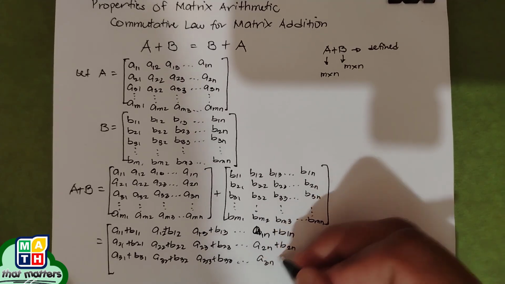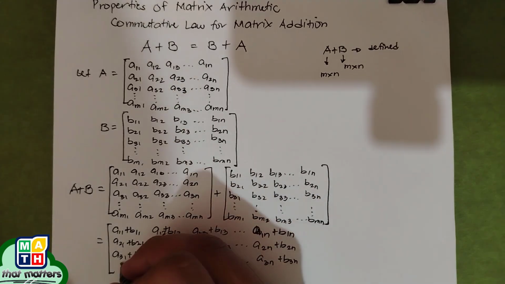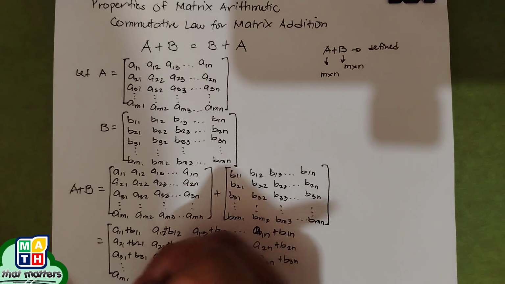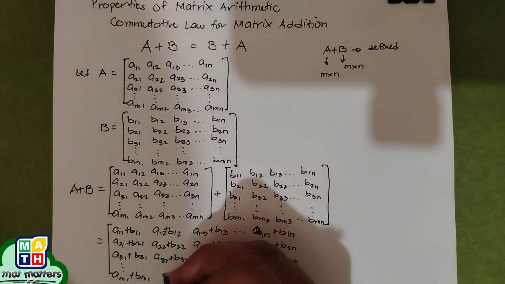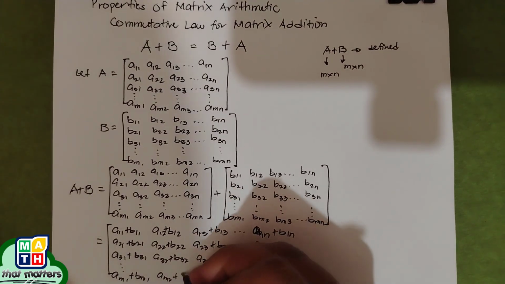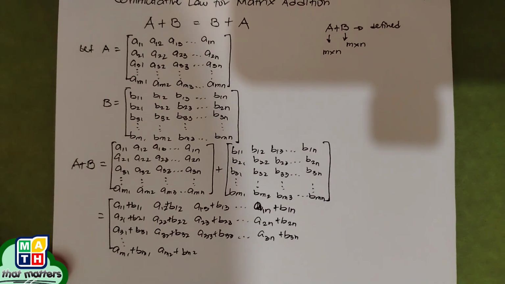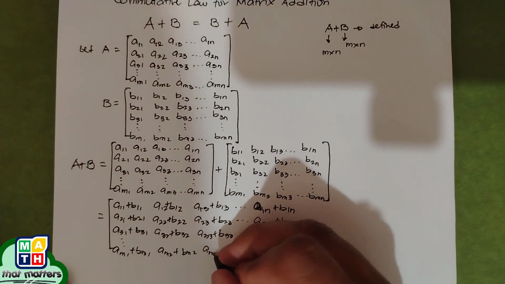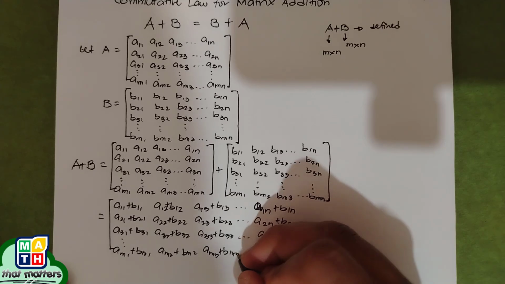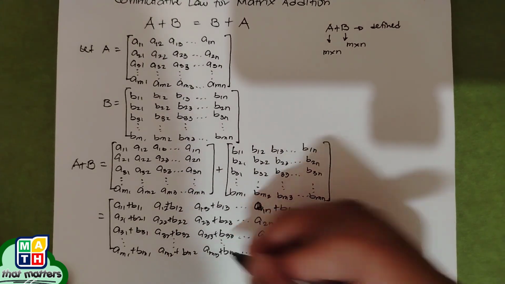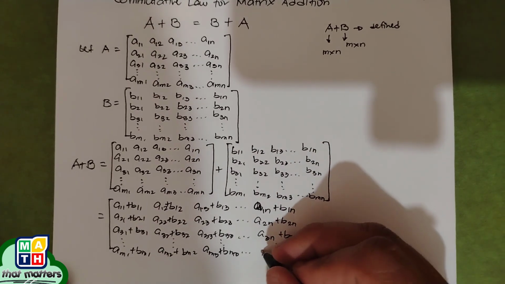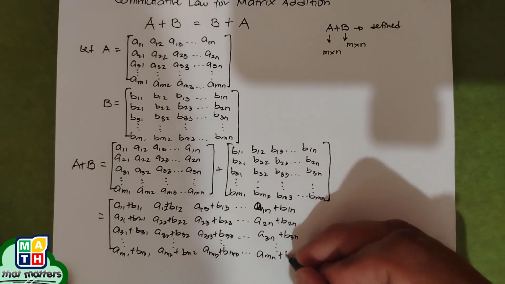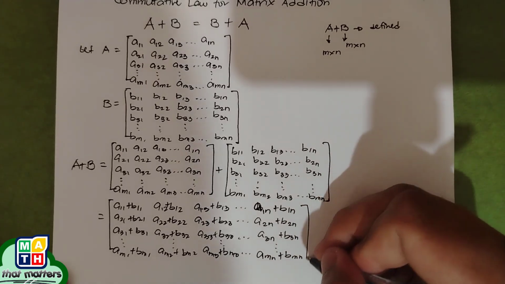You have A3n plus B3n. And of course, until Am1 plus Bm1, Am2 plus Bm2. Okay, pardon for this. Am3 plus Bm3, dot dot dot, you have Amn plus Bmn.